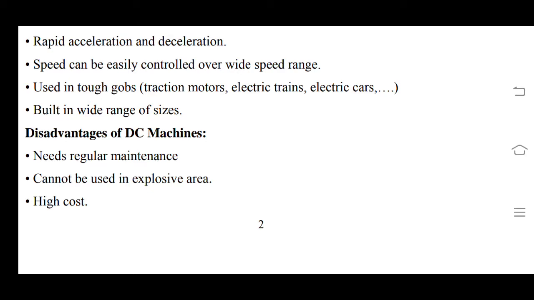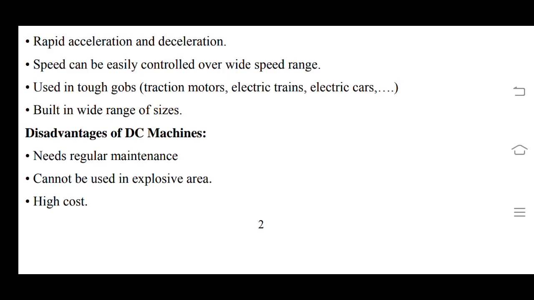Disadvantage of DC machines: it needs regular maintenance. So brushes and commutators have to be maintained regularly because of the commutator. At the commutator the current reversal takes place from DC to AC.